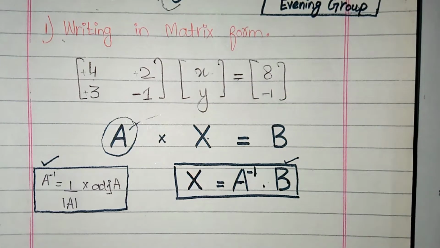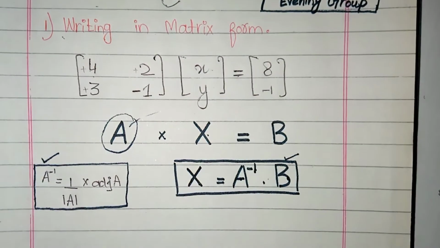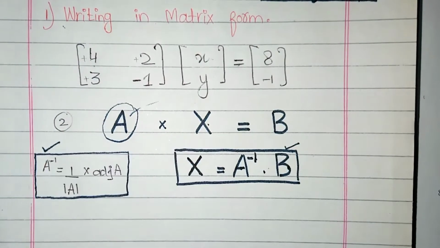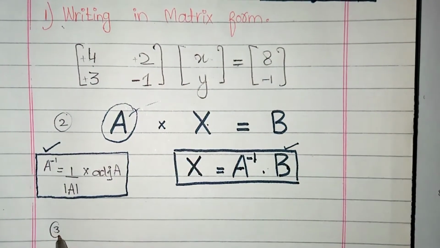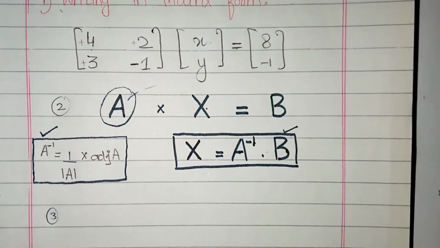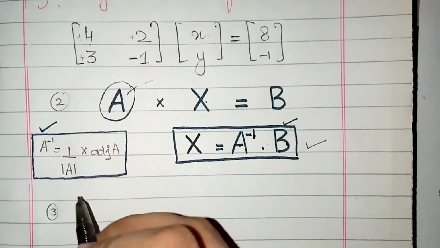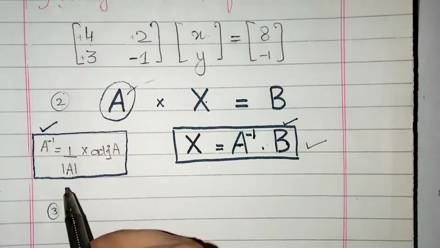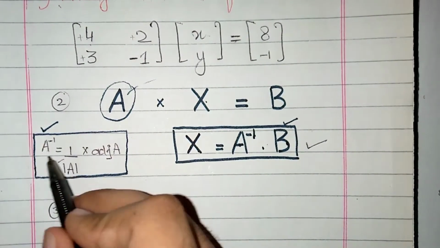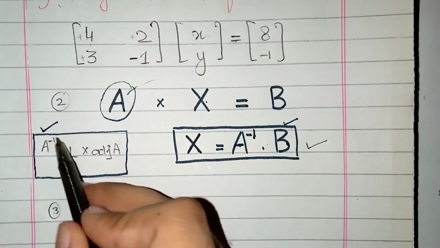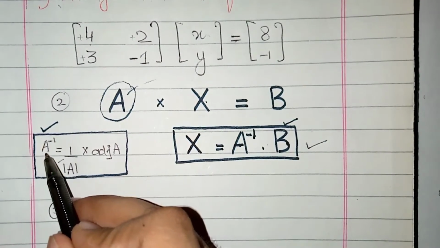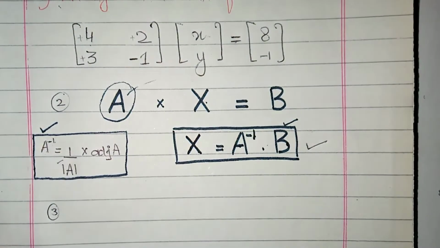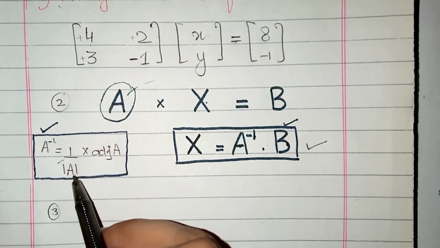Now according to the formula, if I name this our second step, this will become the third step. According to the formula, I have to find the inverse of matrix A. In finding the inverse of matrix A, I have to do two things.